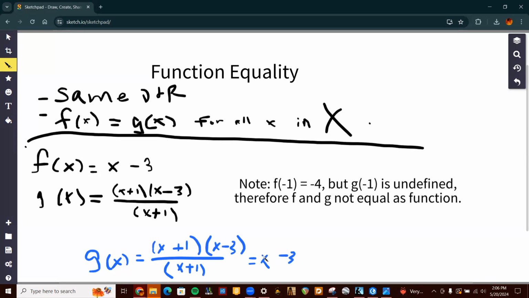I keep looking at the wrong thing. That's why I have these errors, because what I have on my paper is not the same thing as what I wrote here. But this is for when x doesn't equal -1.